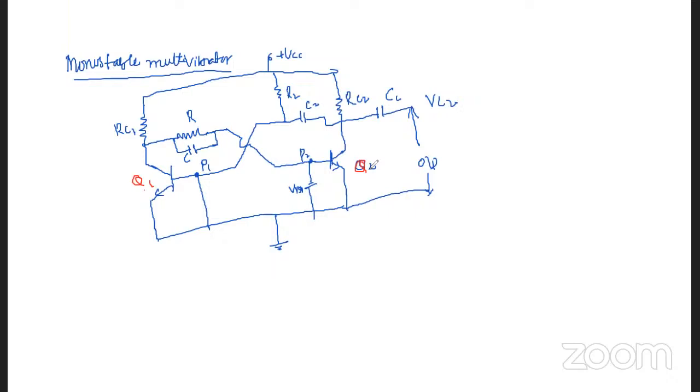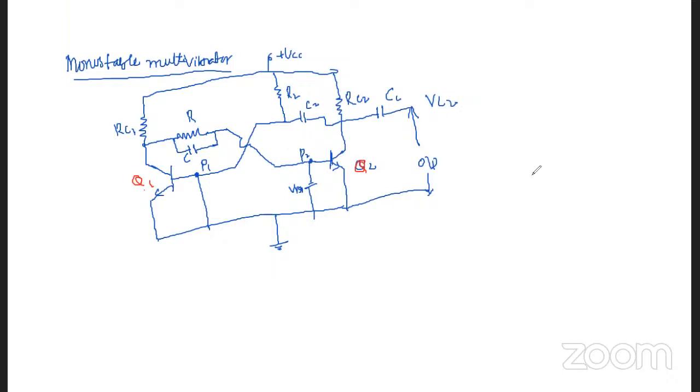The output of transistor Q1 is coupled to the base of Q2 through the resistance R, and the output of transistor Q2 is coupled to Q1 through the capacitor C2. The capacitor C2 is known as a speed-up capacitor. Its function is to speed up the circuit in making abrupt transitions between on and off states.